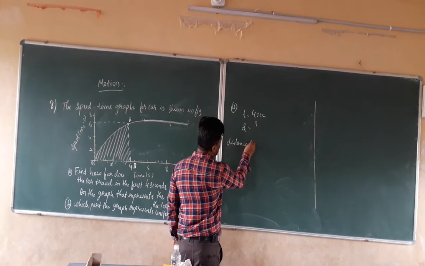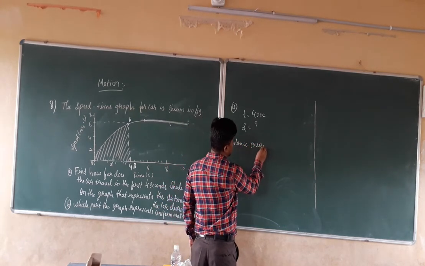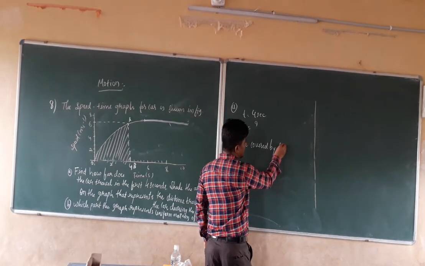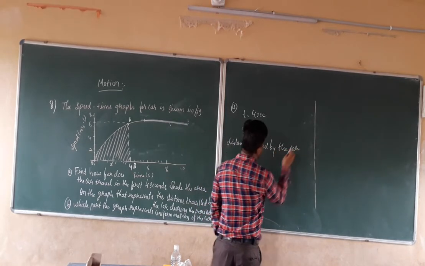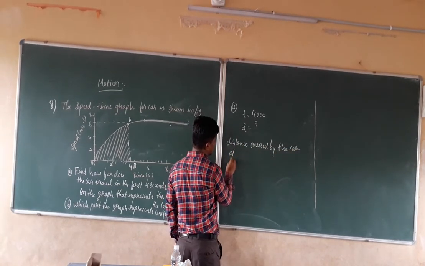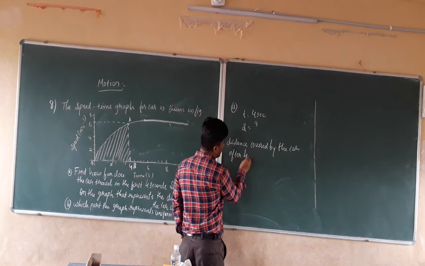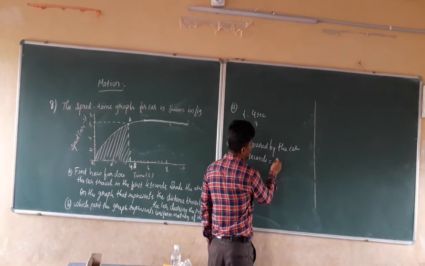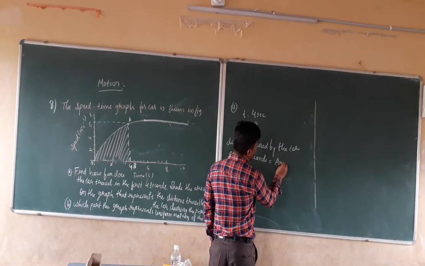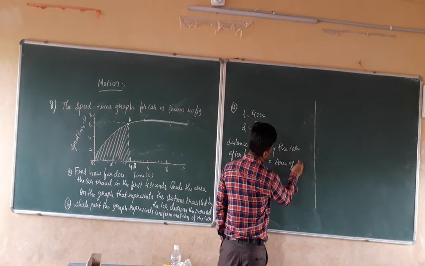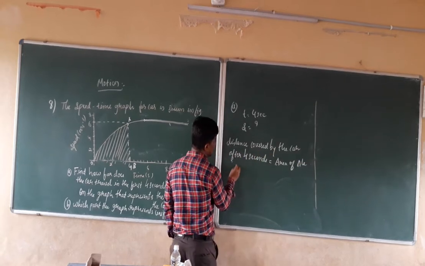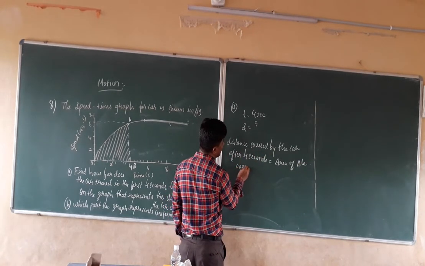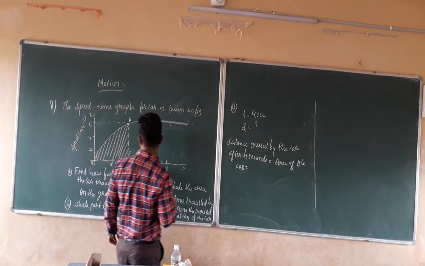The distance covered by the car after 4 seconds is equal to the area of triangle OAB.